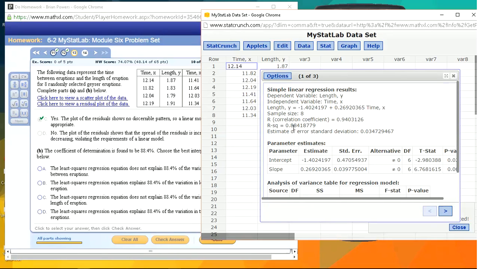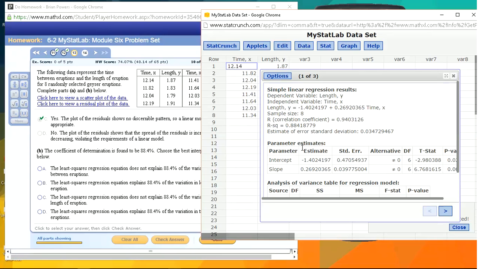Okay, so R squared has a very clear interpretation, and it goes like this. It says what percentage of the variability in the Y variable, the response, is explained by our X variable.